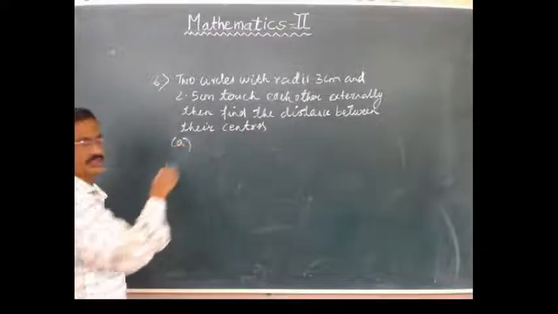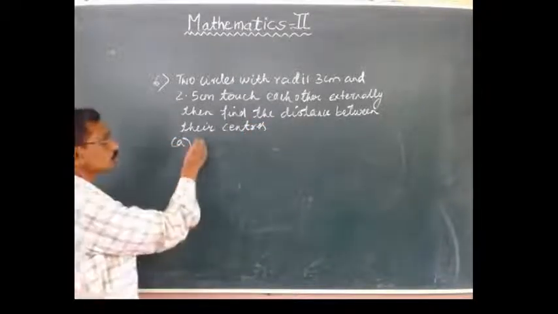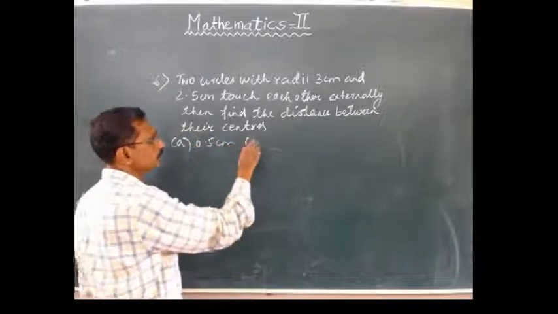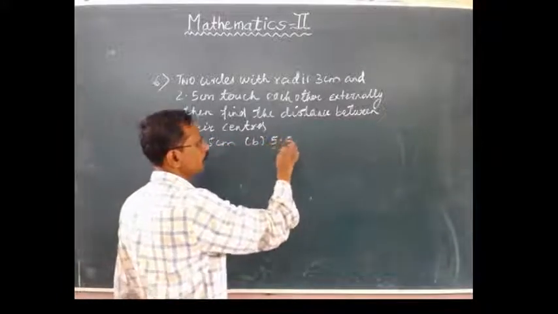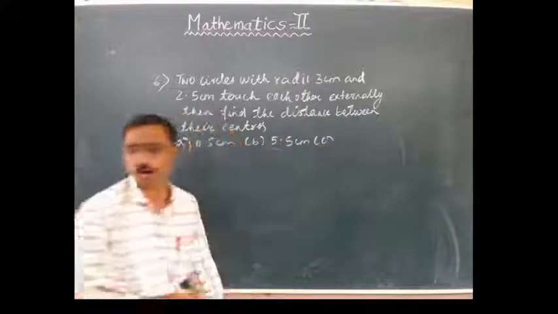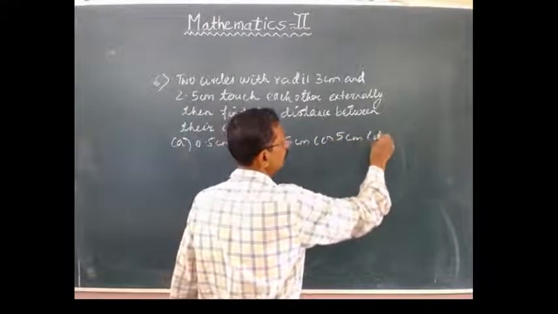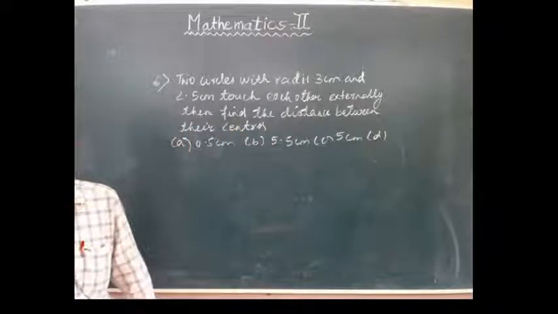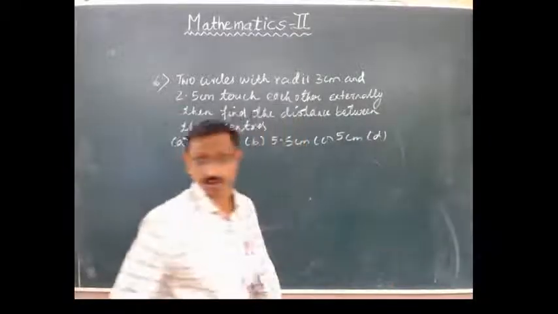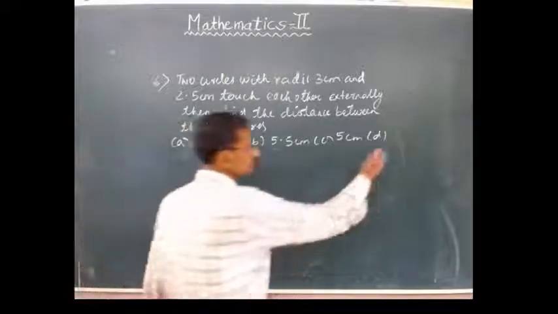Our options are: A is 0.5 centimeter, B is 5.5 centimeter, C is 5 centimeter, and D is 5.6 centimeter.